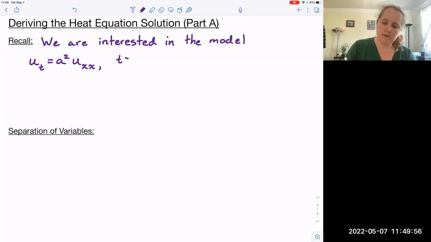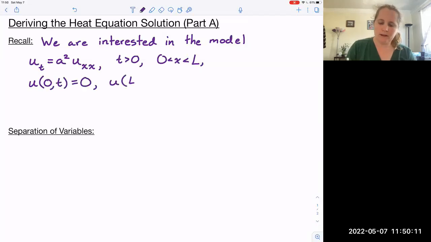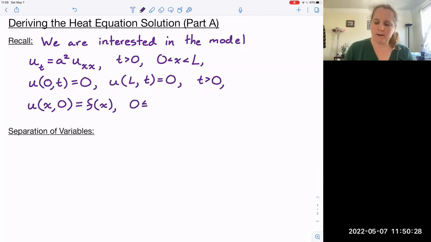This is for t greater than 0 and 0 less than x less than L, with boundary conditions u(0,t) = 0 and u(L,t) = 0. This is again for t greater than 0. And then with initial conditions, u(x,0) = f(x), for 0 less than or equal to x less than or equal to L.